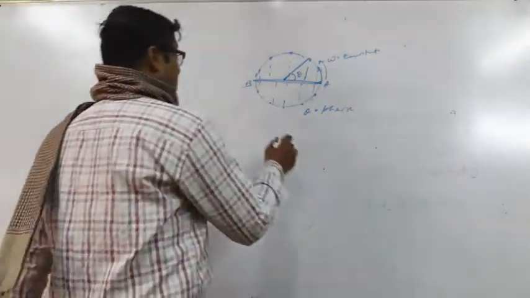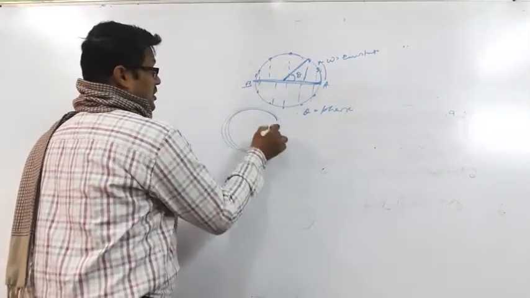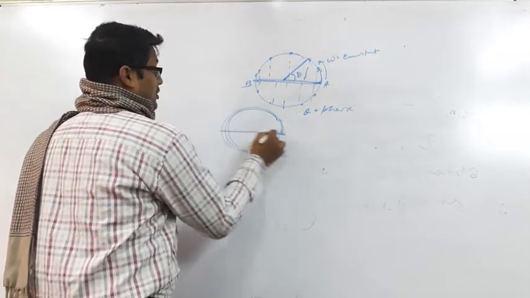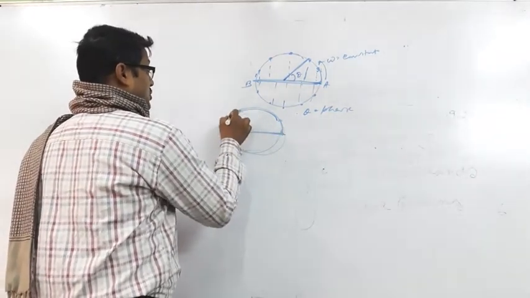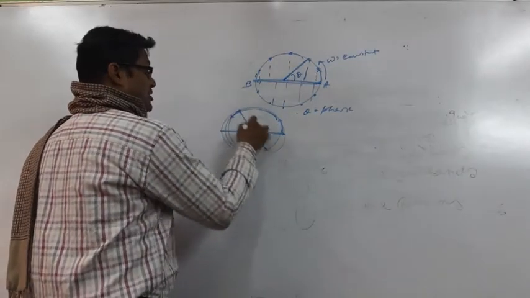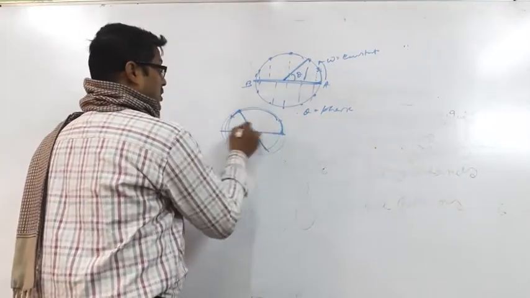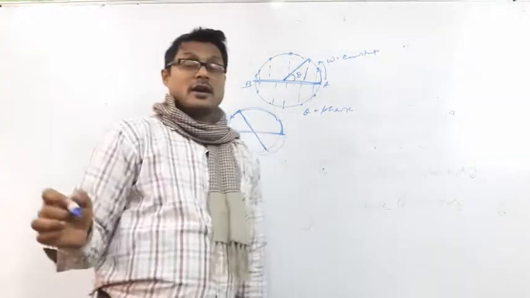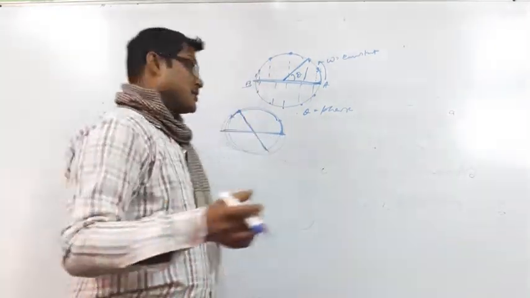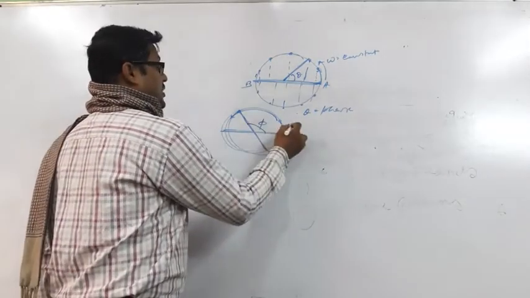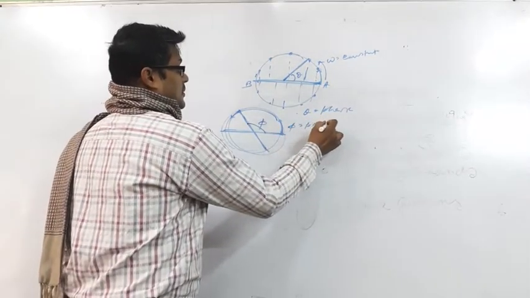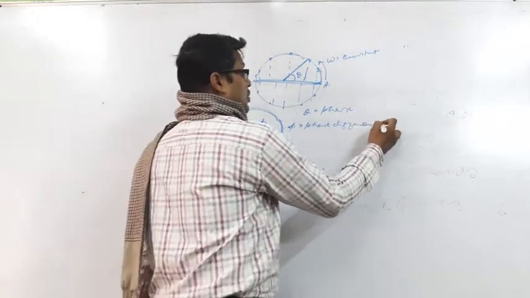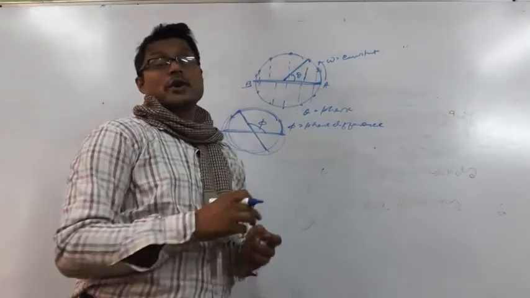Now, if two particles are performing SHM, one particle starts its motion from here, so SHM will be performed on this diameter. Another particle starts its motion from here, so SHM will be performed on this diameter. So two particles are performing SHM on two diameters, and this angle is known as the phase difference. Phase difference is the term which can relate two SHMs.